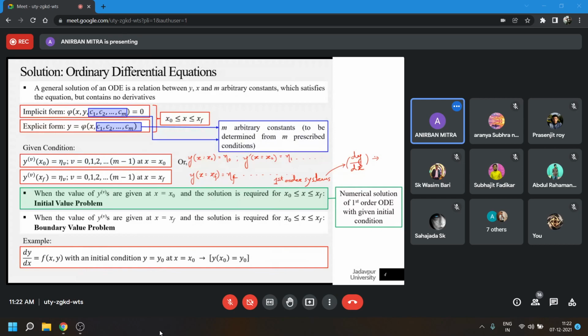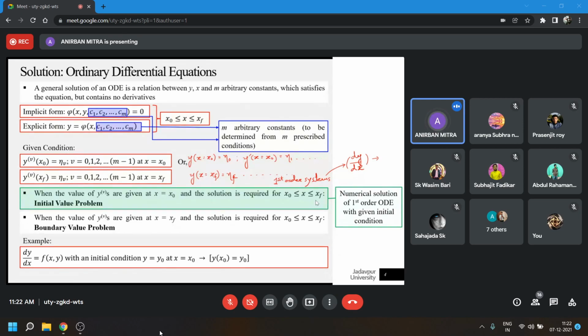Examples could be like this. So dy/dx is equal to f(x, y), where f(x, y) is a general nonlinear function or a tabulated value, with an initial condition of y equal to y0 at x equal to x0, which implies that y at x0 is given as y0. So the initial point, the starting point of the solution is given to us.